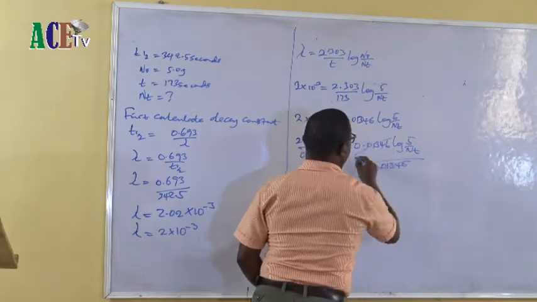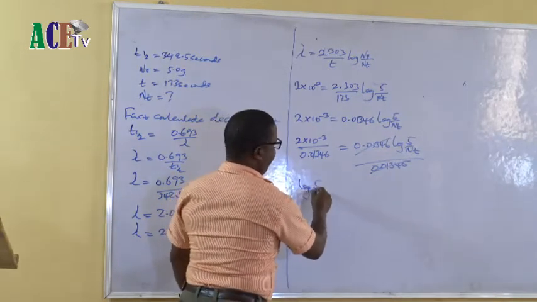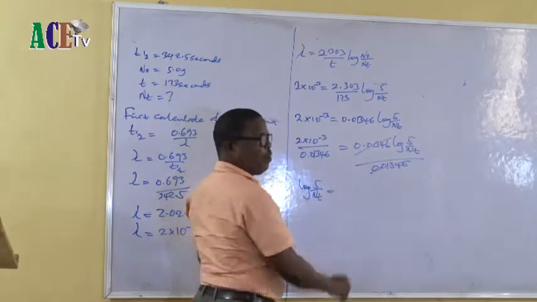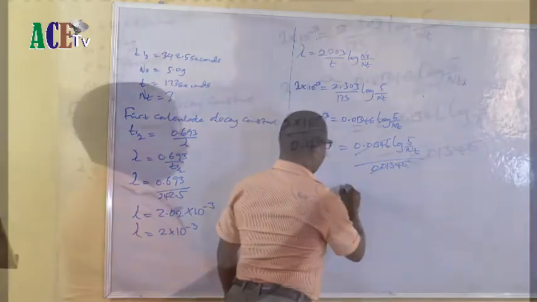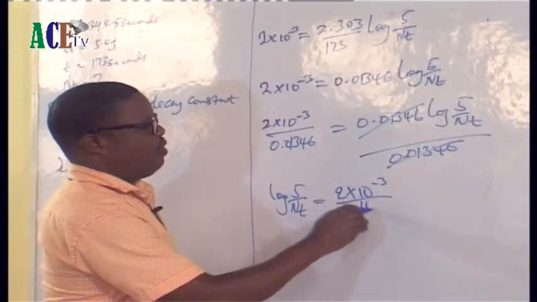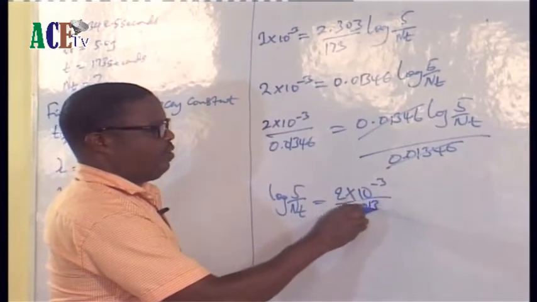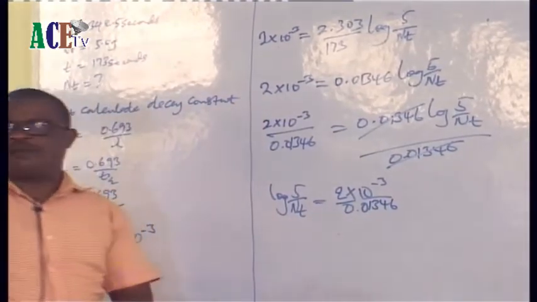So this will have cancelled this. So we have log of 5 over nt is equal to 2 times 10 raised to the power minus 3 all over 0.01346.